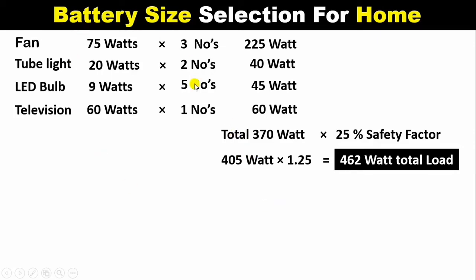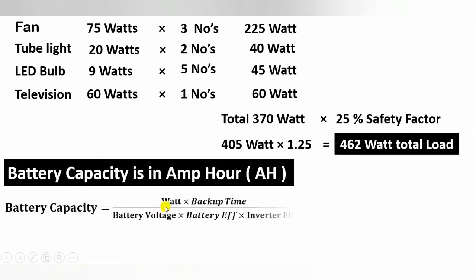Now we're going to have to calculate the battery capacity from the total load, and the formula for calculating the battery capacity is watt times the backup time, divided by the battery voltage that we're going to be using times the battery efficiency, and of course the inverter efficiency as well.